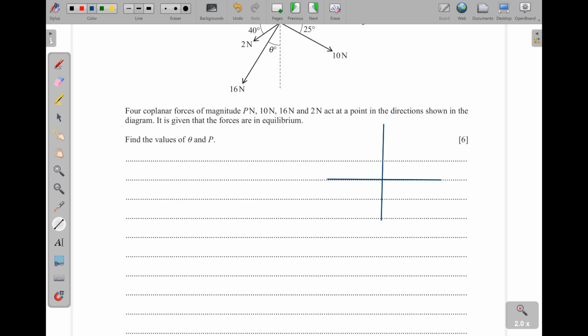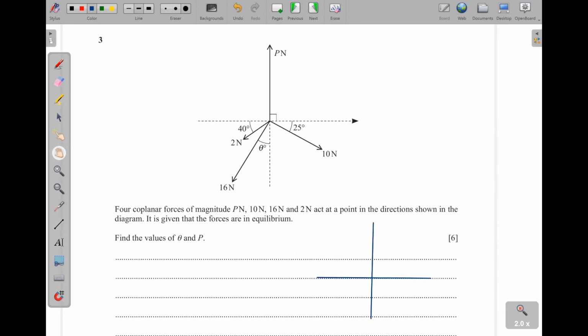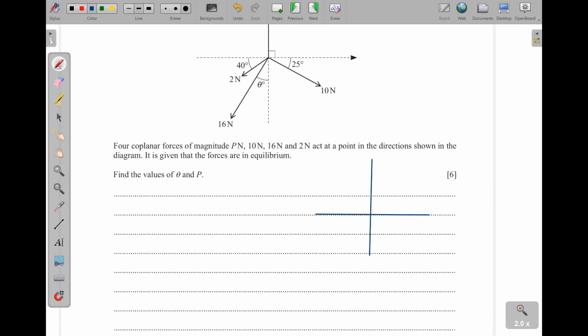Now, when you look at the forces that are on the vertical and horizontal axes, you leave them. So here there is P. Now, when I resolve this one here, it will be facing here. So we are going to have here 10 cos of 25.